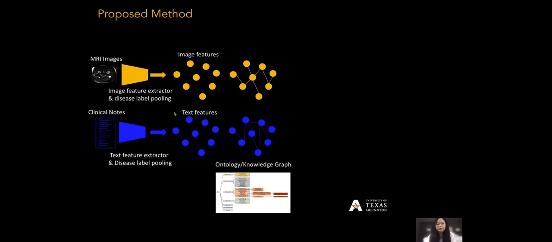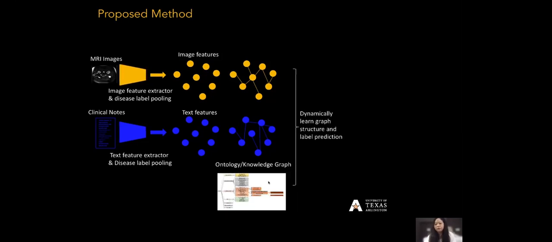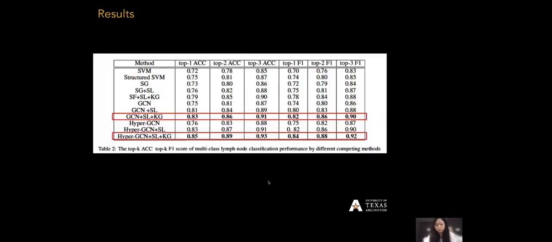Based on these image features, we construct two different graphs to model their relationships. Besides that, we also extract the knowledge graph and anatomy graph and combine all these graphs to dynamically learn an intrinsic graph structure, and we use this graph to predict the final lymph node labels.